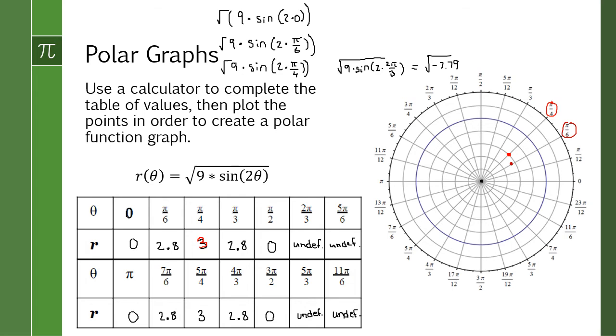So pi over 3 is here, radius 2.8. So I've got 3 points kind of clustered together there. And then at pi over 2, my angle is pi over 2, and my radius is 0. So I don't go towards it at all. I am back right at the origin.